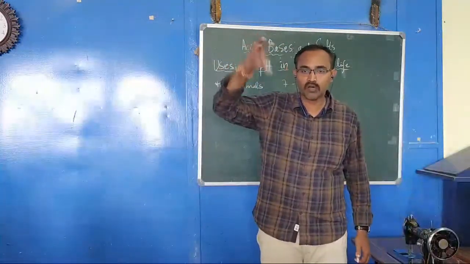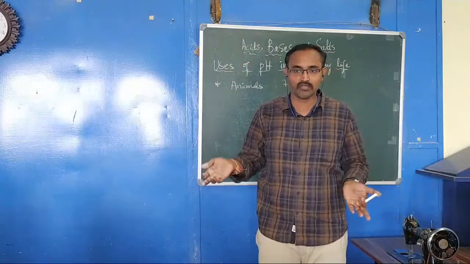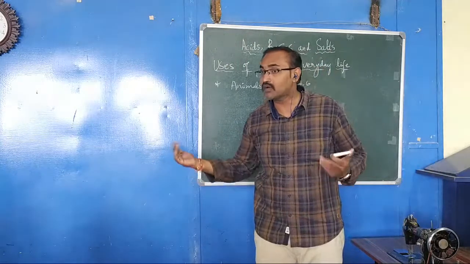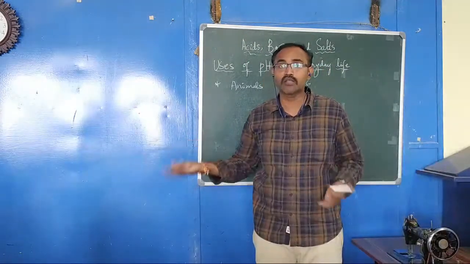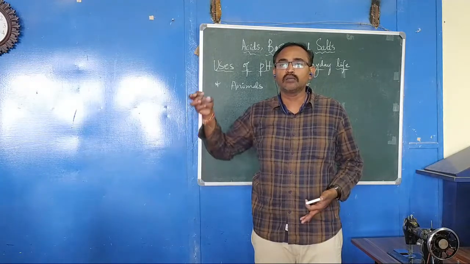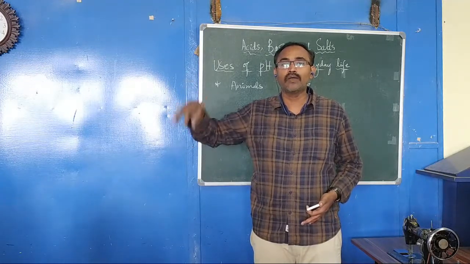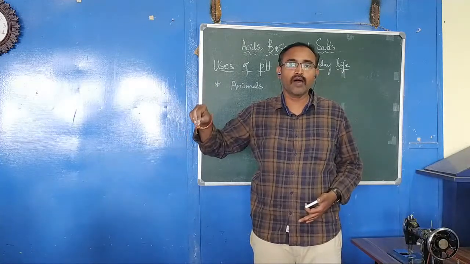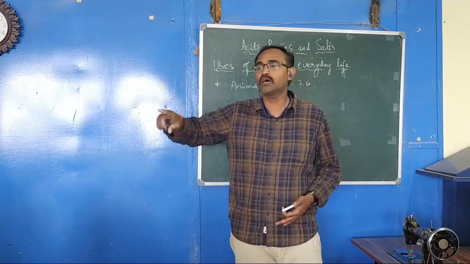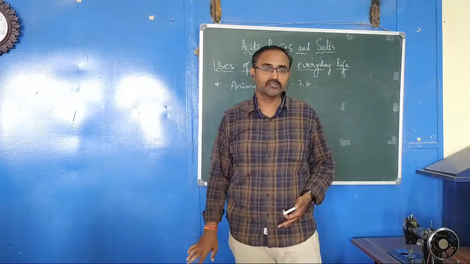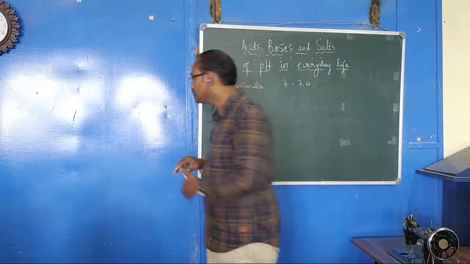If it falls on the soil, the plants may also die. So the pH is very much important for all organisms. We can survive only in a narrow change of pH.